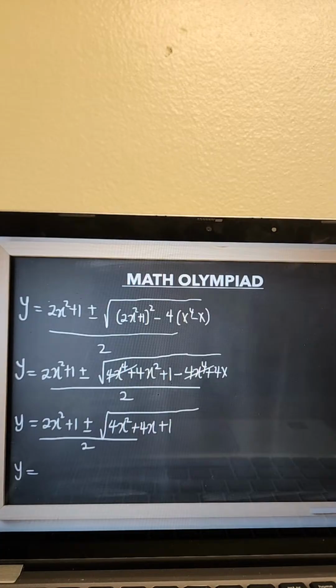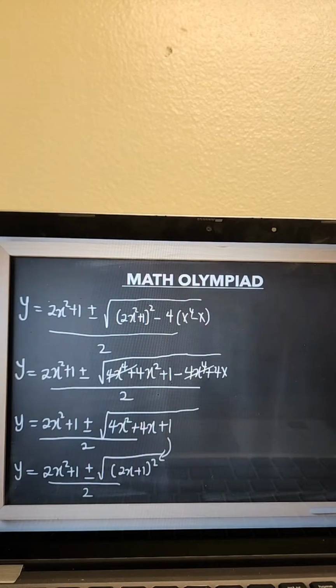So here y equals 2x squared plus 1 plus or minus square root. This value here is the same thing as 2x plus 1 all squared. Yes, if you distribute this, you're going to have this. So they are the same. All over 2.